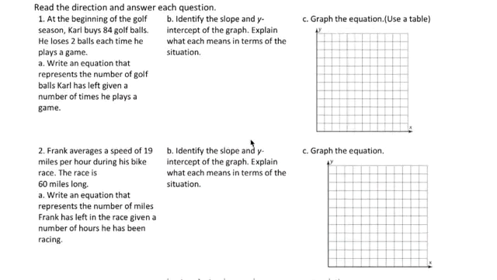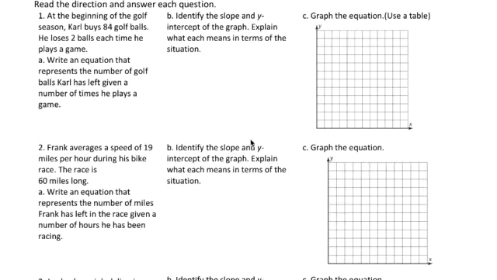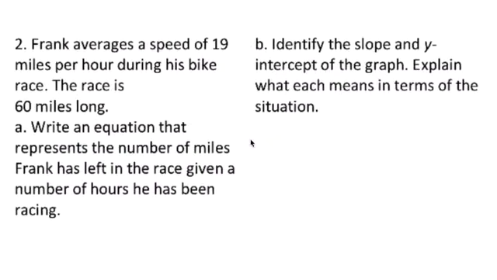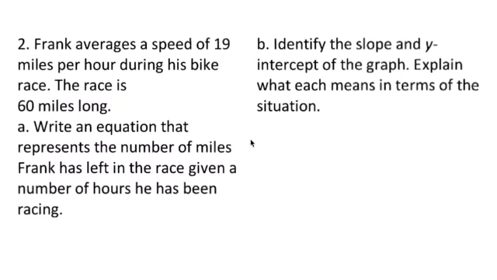I probably did number 1. I'll do number 2. Frank averaged a speed of 19 miles per hour during his bike race. Per means 1. So 19x, the race is 60 miles long.